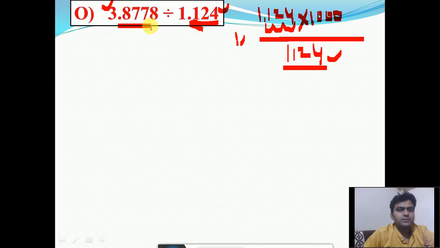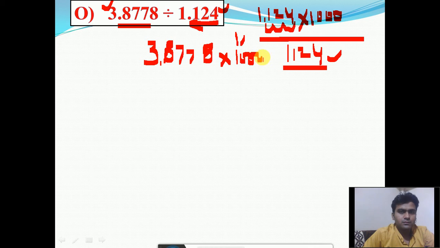So this number will also change into 3.8778 into 1000. The decimal point moves 1, 2, 3 places, so it will be equal to 3877.8.